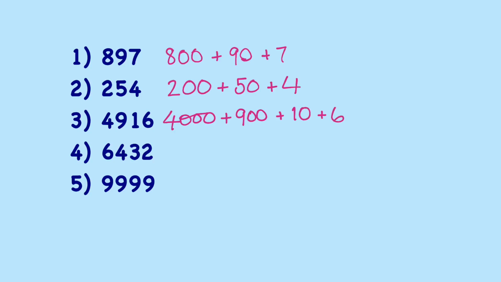Question 4 is 6,432, so we had 6,000 and 400 and 30 and 2.